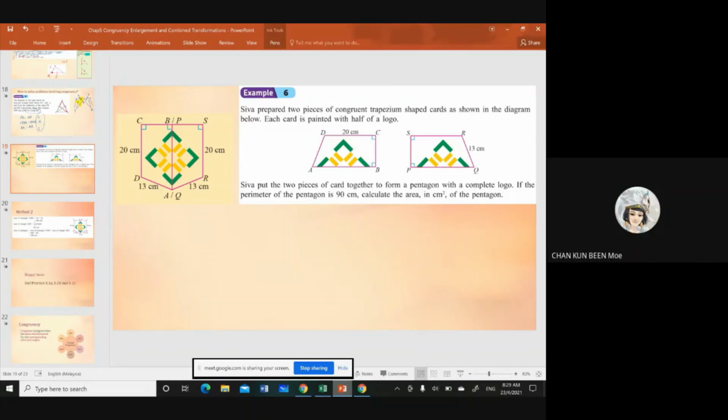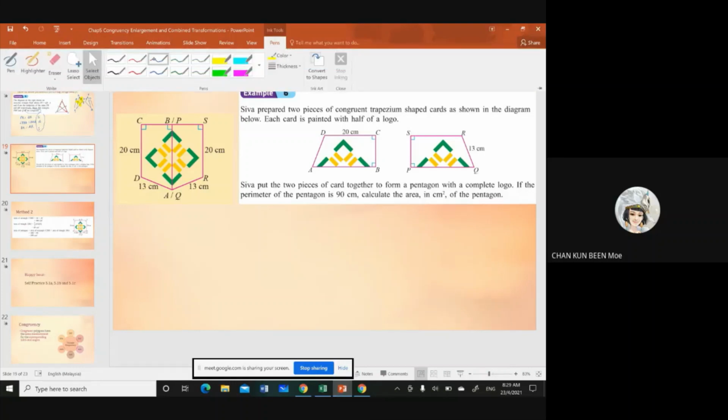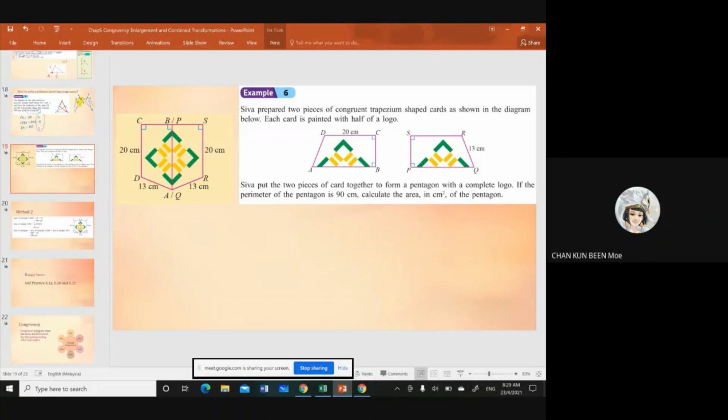So you see, she has two congruent trapezium in the diagram like this. You're given the two congruent trapezium. If congruent, meaning that CD 20 centimeter, the SR over here will also be 20 centimeter. RQ 13, so the AD will also be 13 centimeter. Siva put the two pieces of card together to form a pentagon.